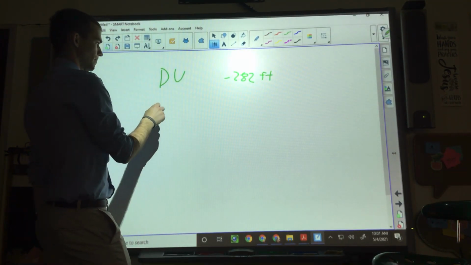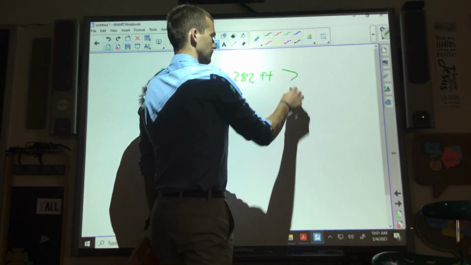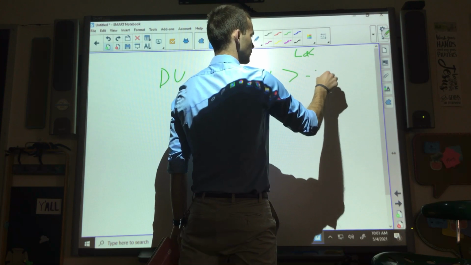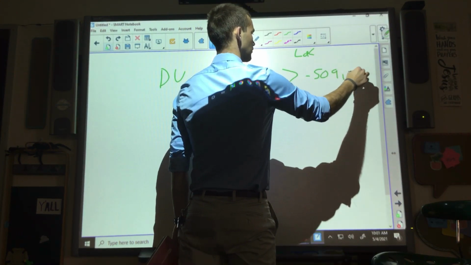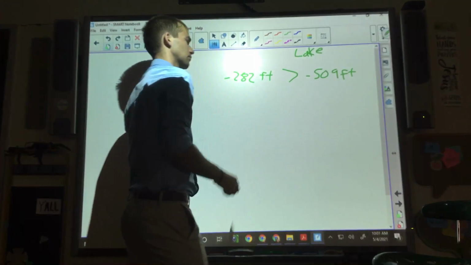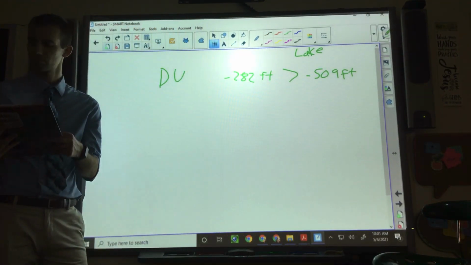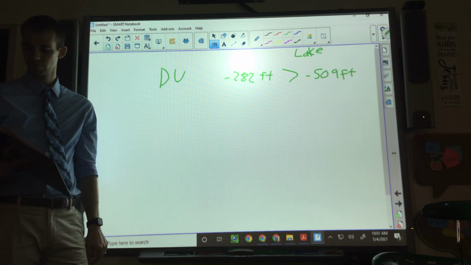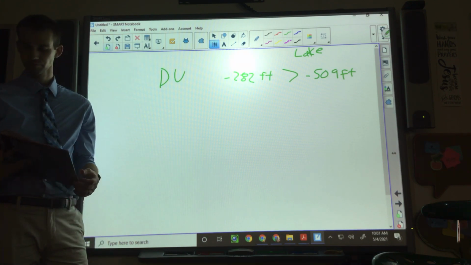It is greater than the elevation of Lake Assal, which is -509 feet. To compare the two elevations using an inequality, you can write -282 feet and -509 feet. And then the natural feature, Death Valley, California, already said that one.